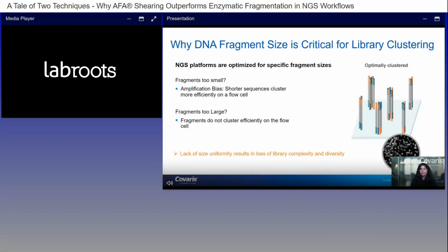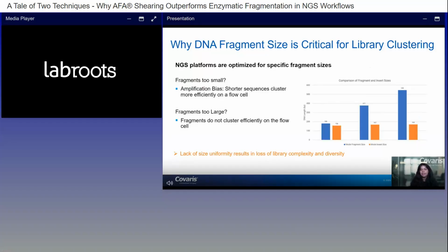Now, NGS platforms are optimized for specific fragment sizes, and achieving a uniform size range is really crucial. It helps ensure that your library will cluster evenly and efficiently on the flow cell. Non-uniform shearing can be quite problematic because the presence of fragments that are too small within your library will cause an amplification bias. These shorter sequences will cluster more efficiently on the flow cell.